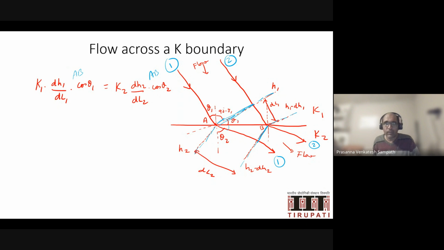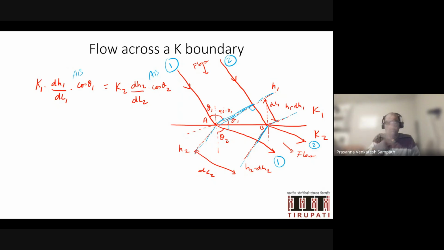Cos theta 1 is adjacent side by hypotenuse. This is 90 degrees, remember. So AB is the hypotenuse. So I get that distance by saying AB multiplied by cos theta 1. Similarly, on this side, it will be sine of 90 minus theta 2, which is cos theta 2, which will give you AB times cos theta 2 multiplied by the unit thickness perpendicular to the screen.